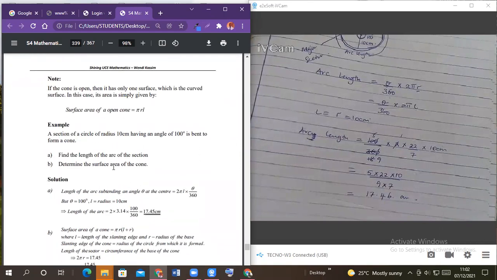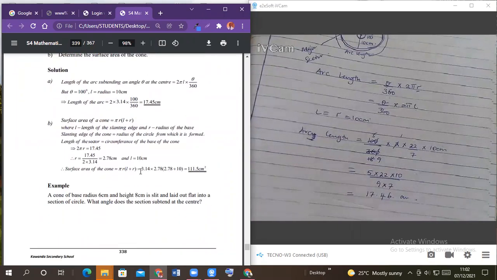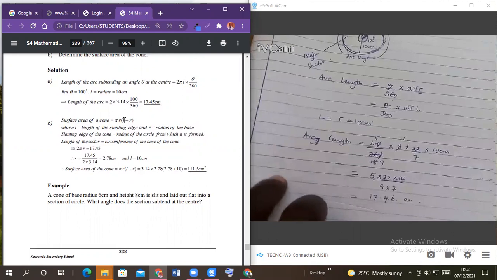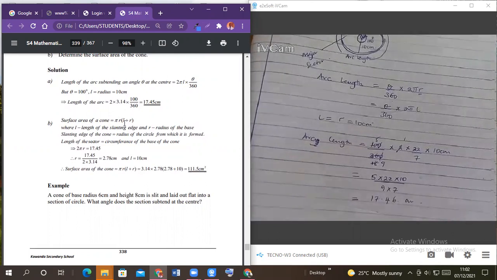Determine the surface area of a cone. The surface area of a cone is given by pi r (L plus r), and we use this formula if you're looking at the surface area of a cone that is covered.